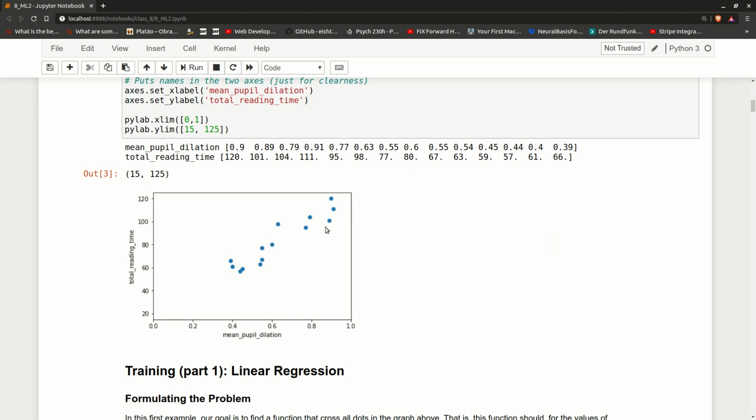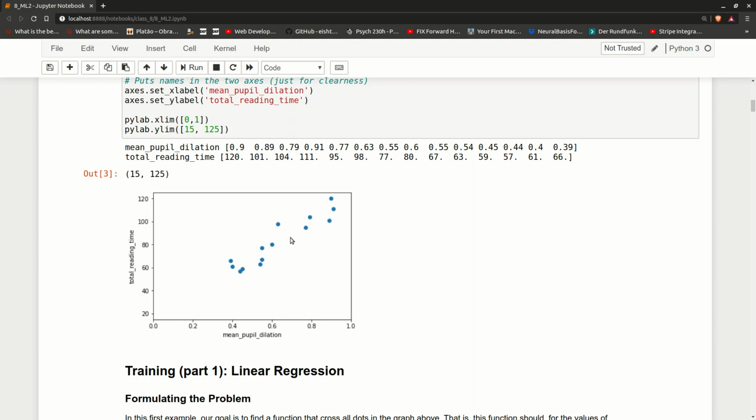And then what we are going to try to do is use this training set to learn a representation. So this is the entire training set, okay? And then we have another test set. In the test set there are other mean pupil dilations. So maybe there is a 0.65 here that we don't have in our training set.